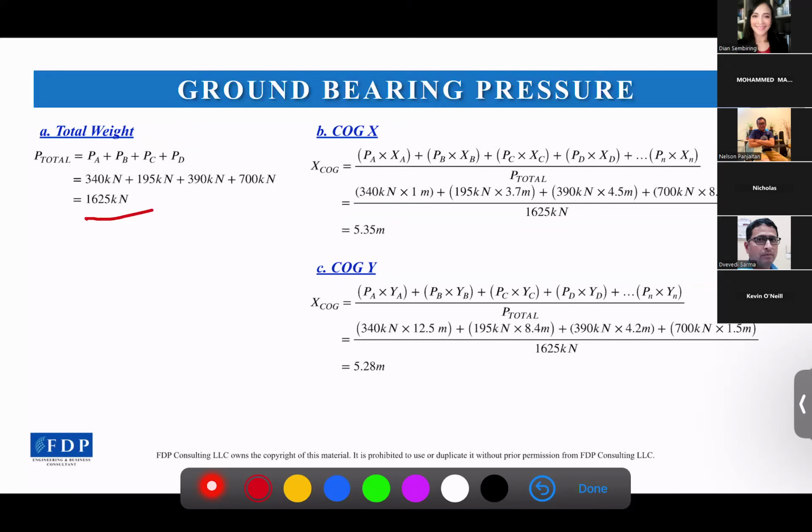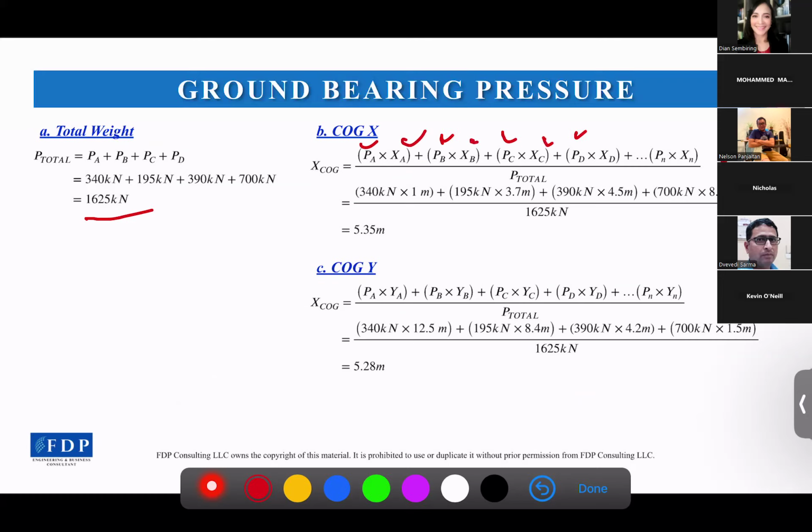And then we calculate the COG by using this formula as I have explained before. This formula is commonly used to calculate COG for a structure, and I think we have already learned this in high school. So if we want to calculate the COG in X direction, we input the weight of each item and multiply it with the X coordinate of each item here.